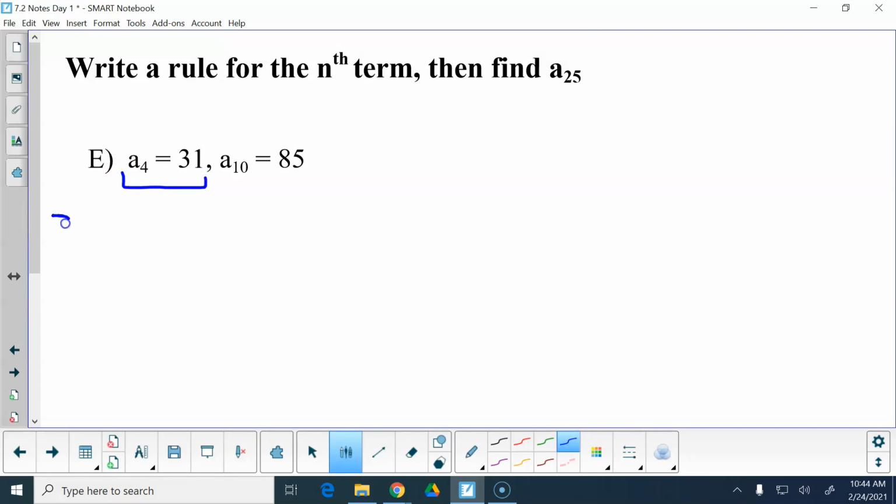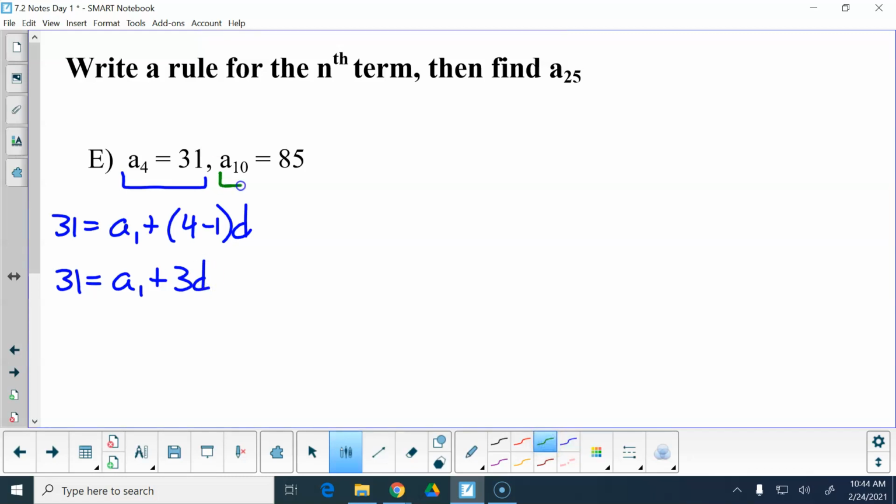So that's saying 31 is equal to the first term plus 4 minus 1 times d. 31 is equal to the first term plus 3d.